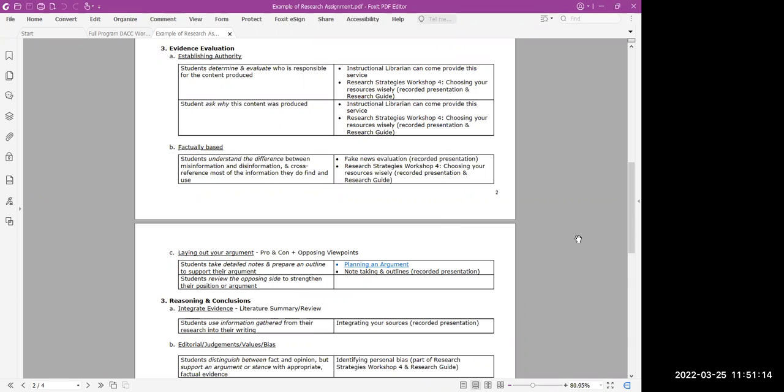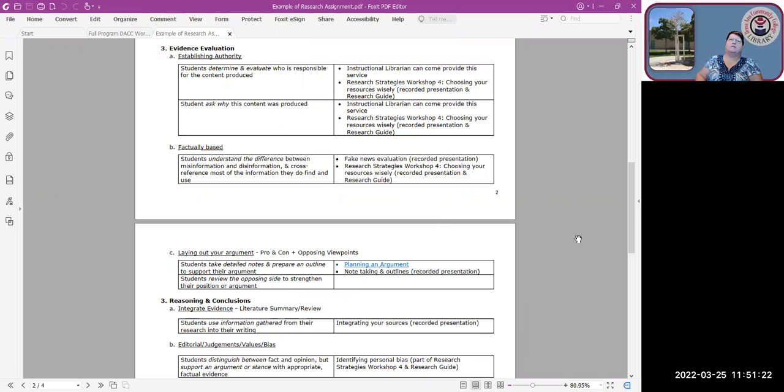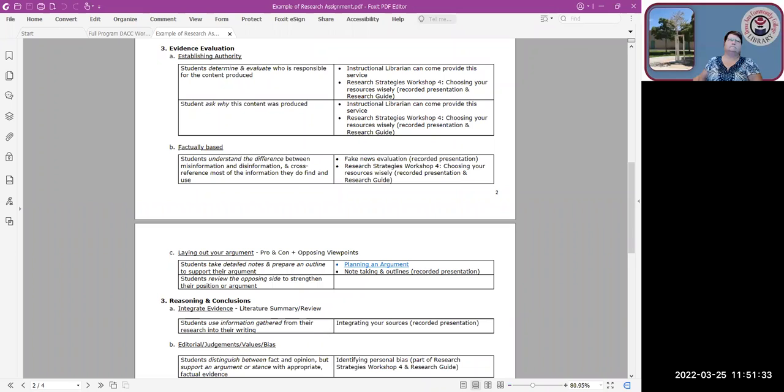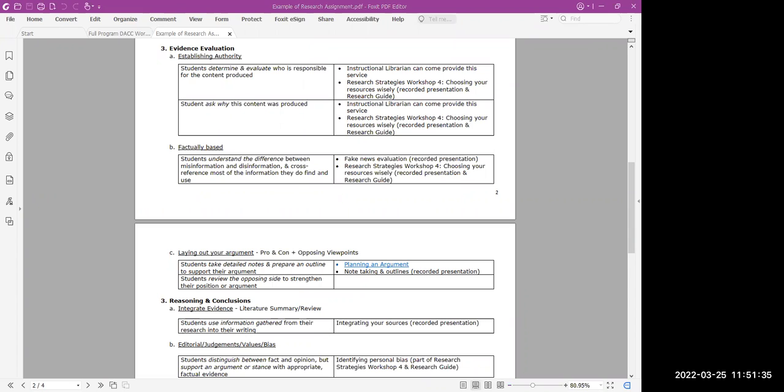And so I think we cannot overlook this step. I encourage our faculty to think creatively of how we can get our students to practice this skill of how you evaluate the evidence, the information that you're receiving in whatever format.